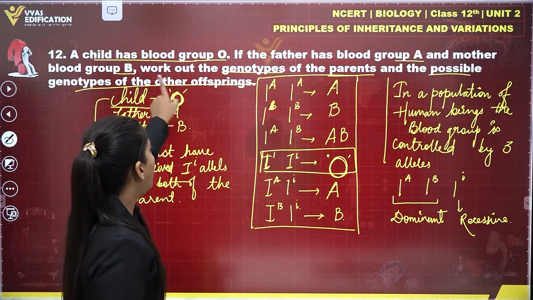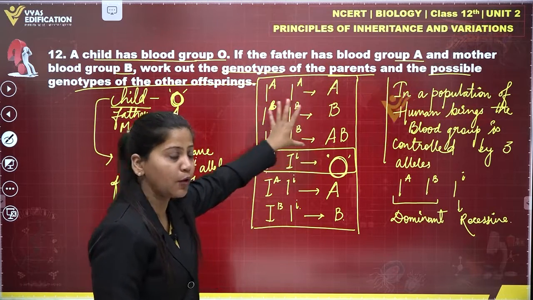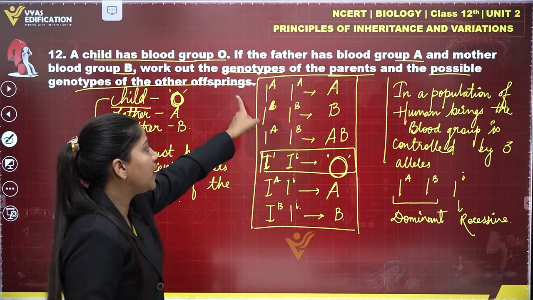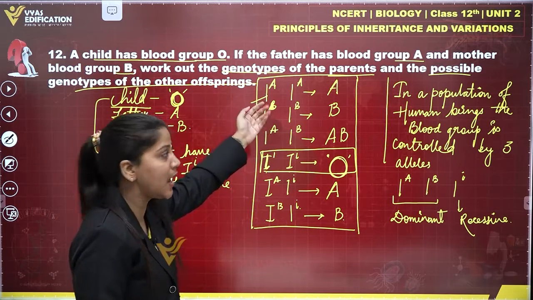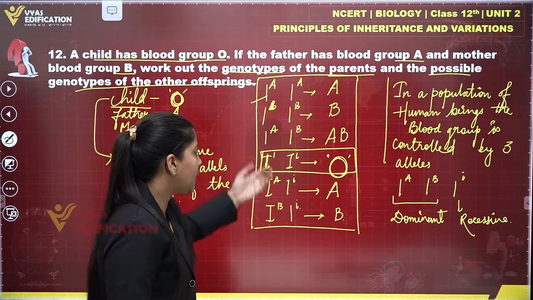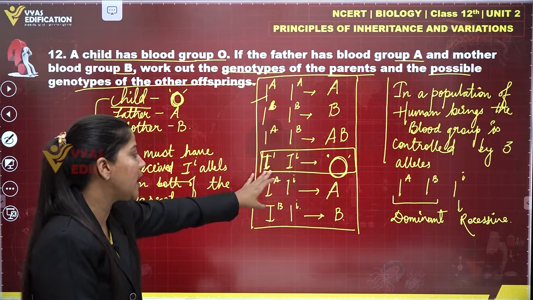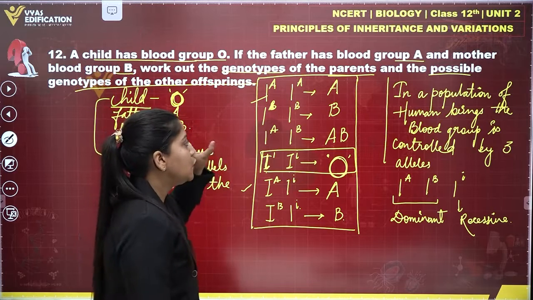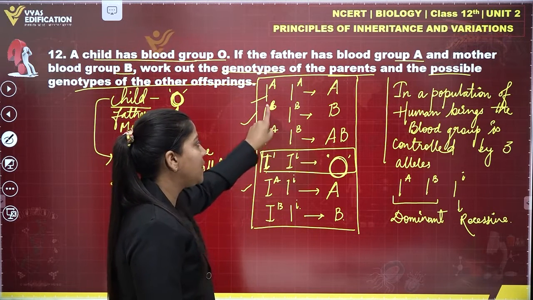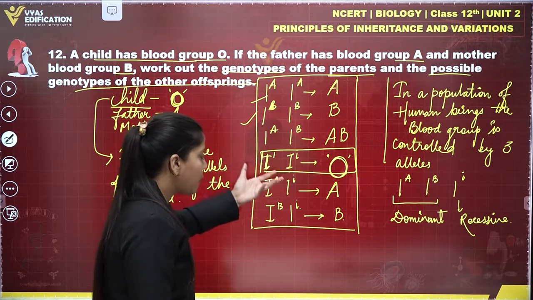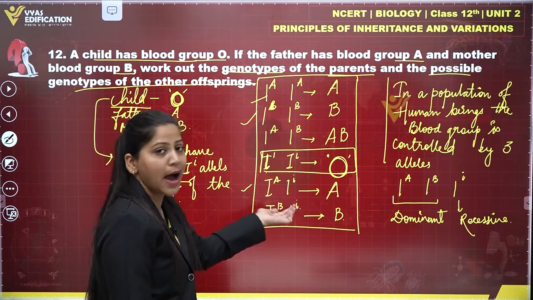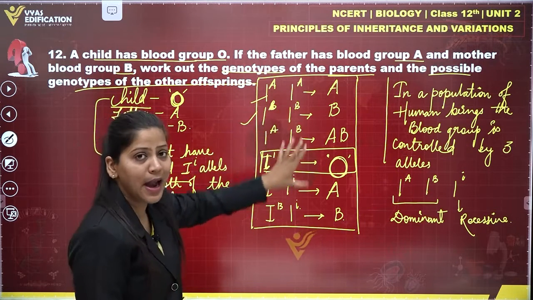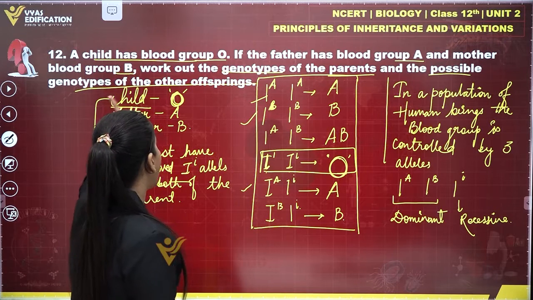If we talk about the genotypes of the parents, the blood group of the father is A, so the father can have IA IA, or the father can have IA i. As the mother has blood group B, the mother can have IB IB, or also IB i, because it also makes blood group B. So these are the possible genotypes of the mother and father, and also the 6 possible genotypes of other offspring.